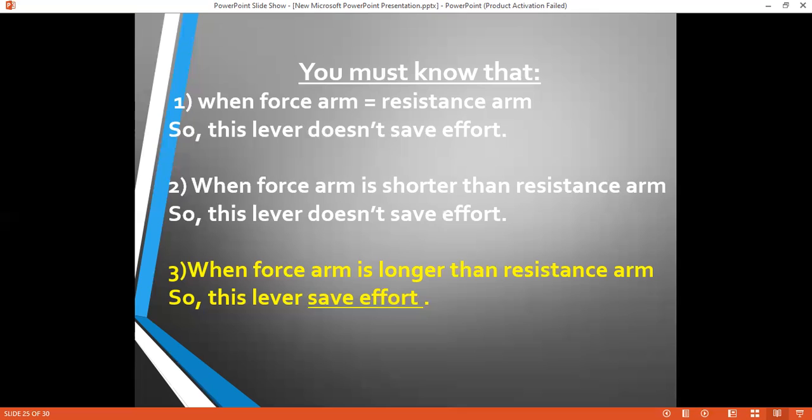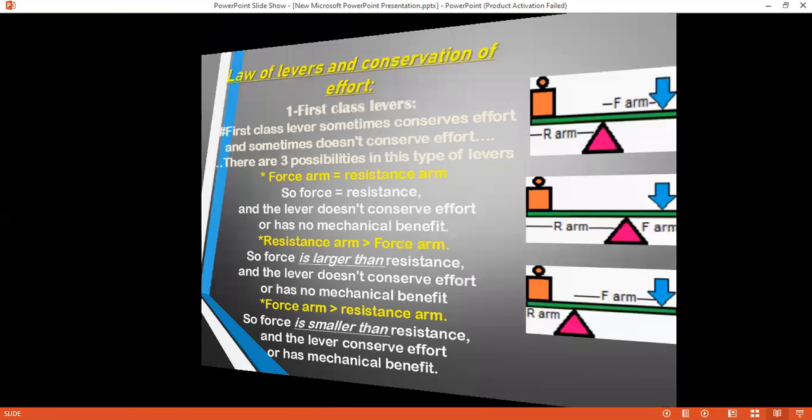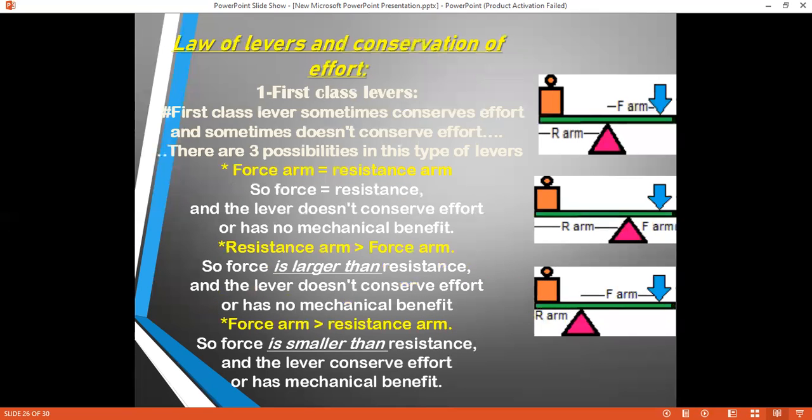So if I want to find if this type of lever conserves effort or not, what can I do? As you can see here, we have different cases.